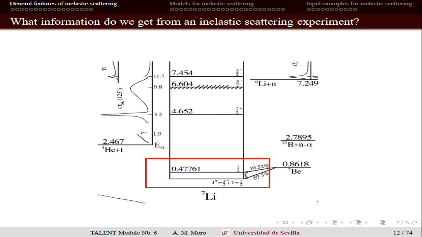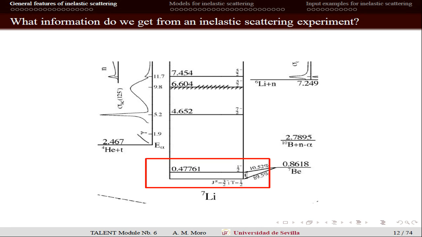As I said, we will concentrate today only on the bound region, that for lithium-7 contains only two states, the ground state and this first excited state. Above this energy, 2 point something, the lithium-7 breaks into an alpha particle and a triton.